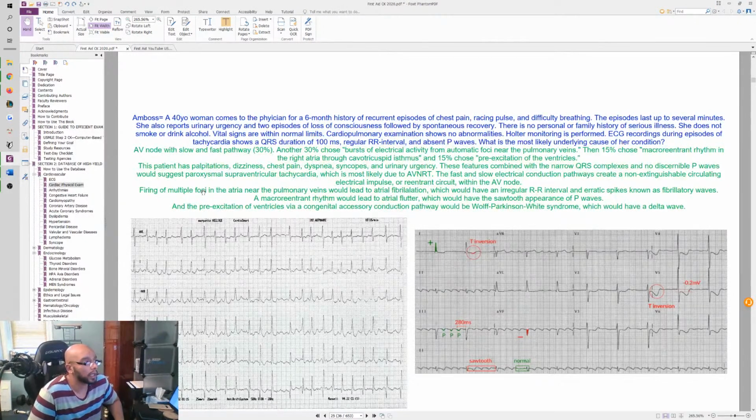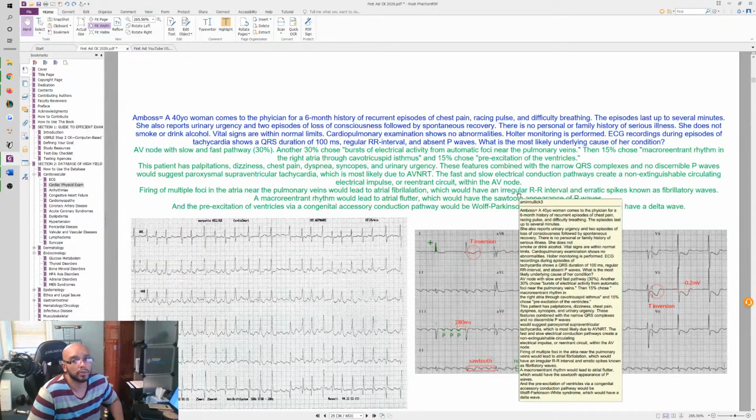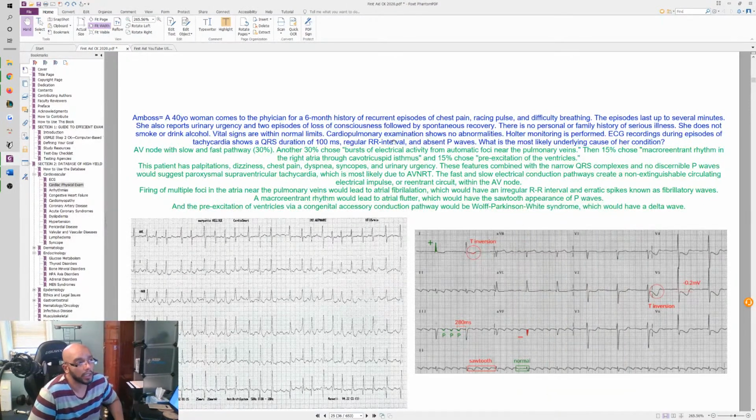Firing of multiple foci in the atrium near the pulmonary veins would lead to atrial fibrillation, which would have an irregular RR interval. Right? And since our patient is not irregular, it cannot be atrial fibrillation. A macro reentrant rhythm would lead to atrial flutter, where you would see a bunch of P waves, and we could not see P waves in our patient, so it's not atrial flutter. And pre-excitation of ventricles via a congenital accessory conduction pathway.